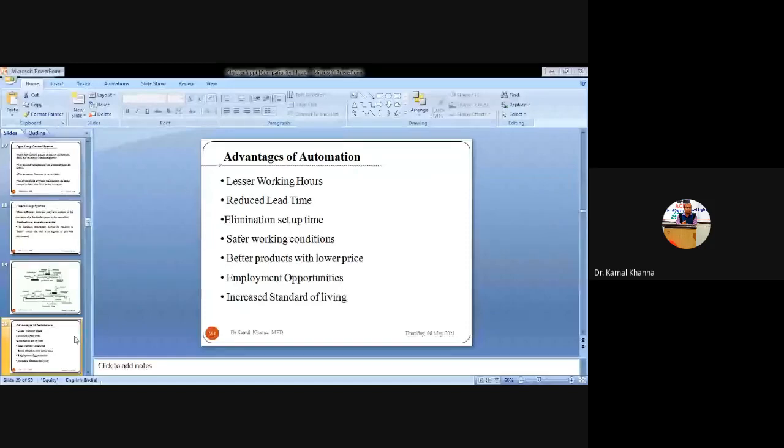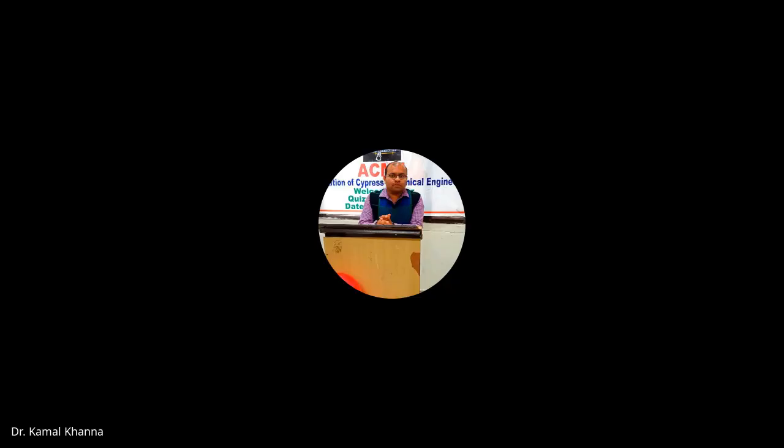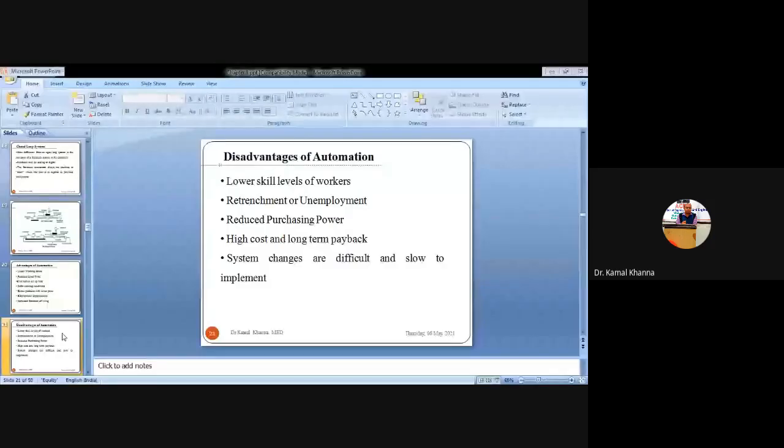If there are some roses, there are always some thorns. So there are some demerits of automation also, because there is always retrenchment and unemployment for unskilled workers. They cannot find jobs in the industry because they are not skilled and cannot run CNC machines.